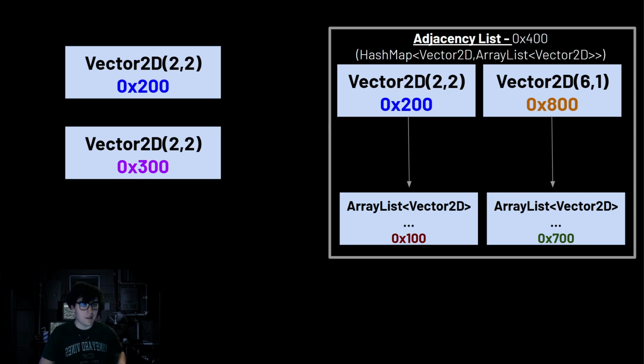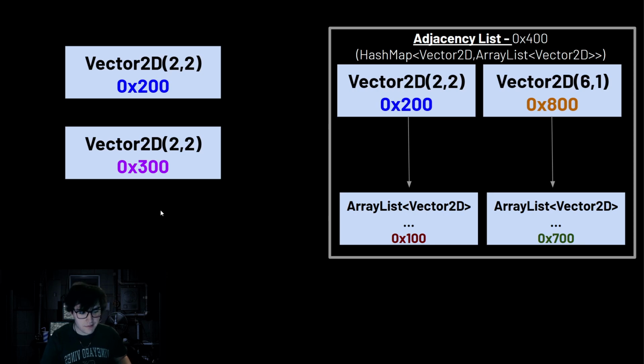So we see here that we contain the vector 2, 2 in our hash map. And over here, we have two vectors. They have the same X and Y's, but they have different memory addresses. They're different objects.